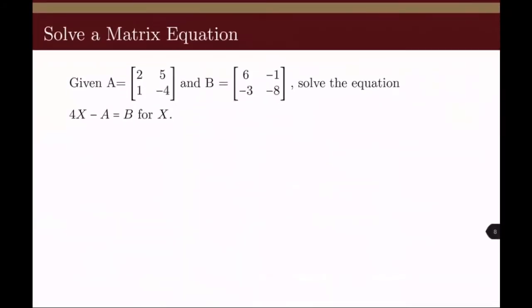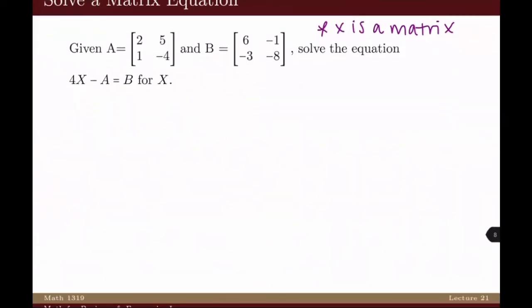All right, next we want to solve a matrix equation. So we are actually looking for x. However, it should be noted that x in this case is a matrix. So note that x is a matrix. Okay, so what we want to do first is we can kind of solve this like a linear problem where we want to get x by itself first, right?